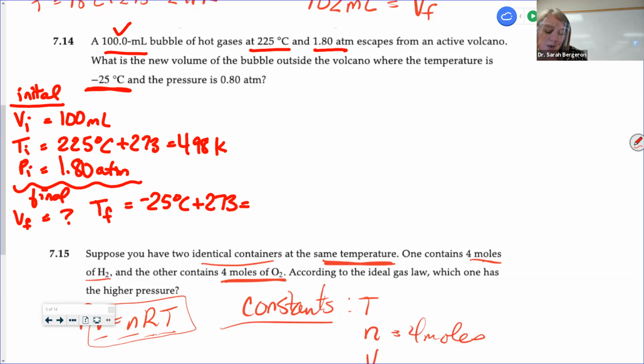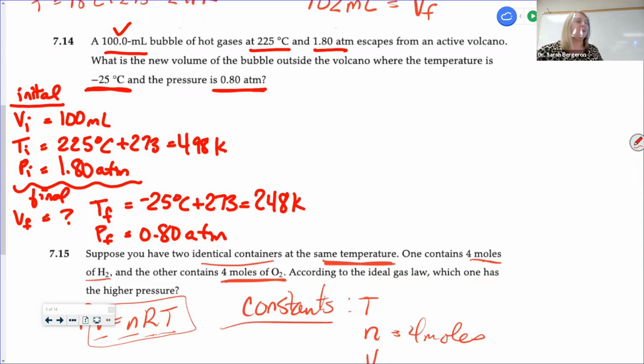And 248. Okay, so we did that, and now we need this very last one. What is that? Pressure final. And both of the pressure values are given in the same unit, so we're okay. So peas and vegetables on the table, right?